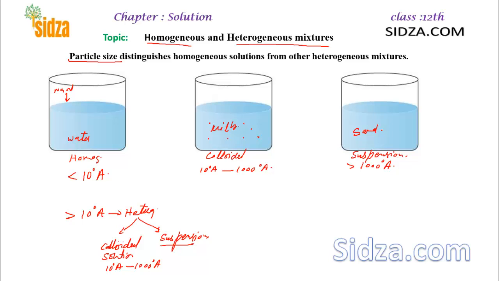Suppose you have sand and water, you can see these particles very clearly with your naked eyes. Both colloidal and suspension are heterogeneous mixtures. So in this chapter, we are going to discuss only the homogeneous solutions. This is our topic.